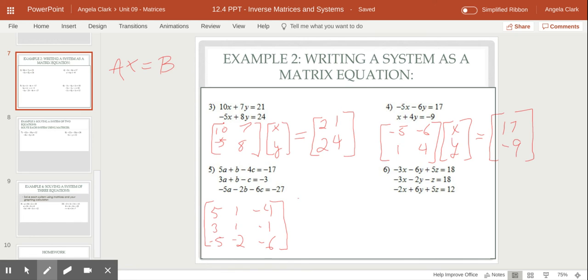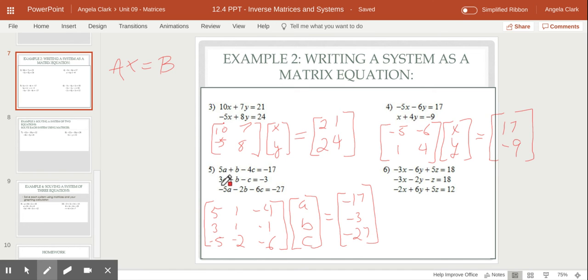Okay, then the variable matrix would be A, B, C. Same order as it is from left to right. And then the constant matrix goes like that. So it's very much the same thing.